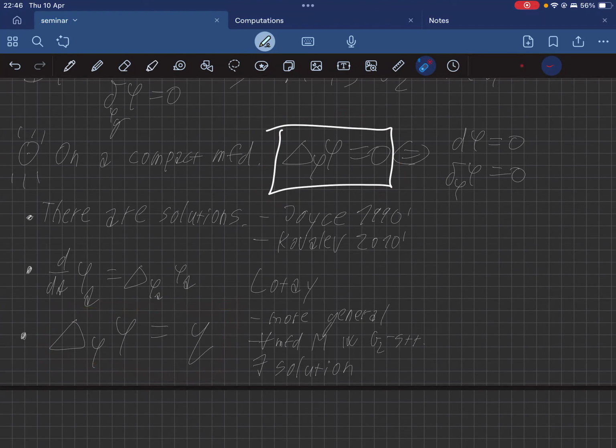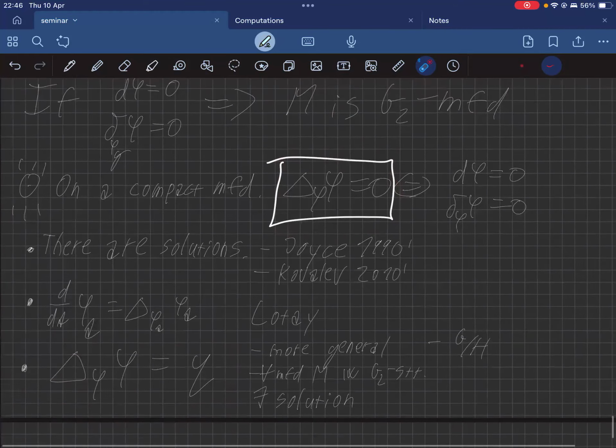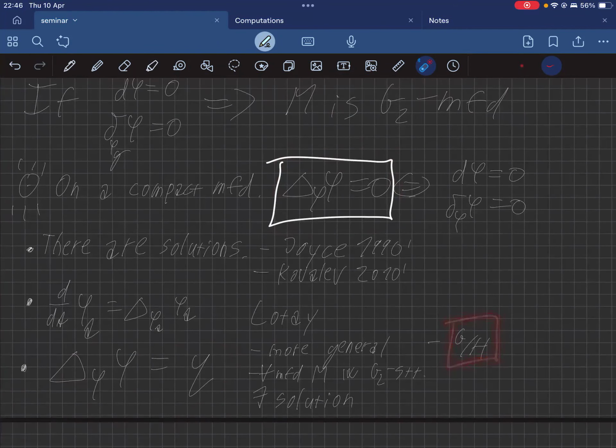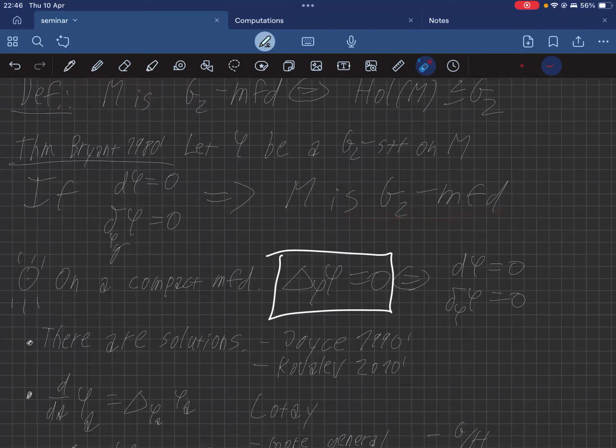In particular, we can understand this operator on homogeneous manifolds, G over H. For a homogeneous manifold, there are no interesting solutions to the Laplace equation. Why? If I give you a homogeneous manifold and you manage to solve this equation, you have a compact G2 manifold.